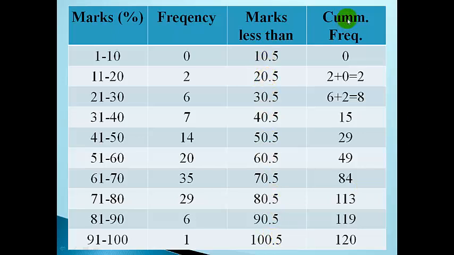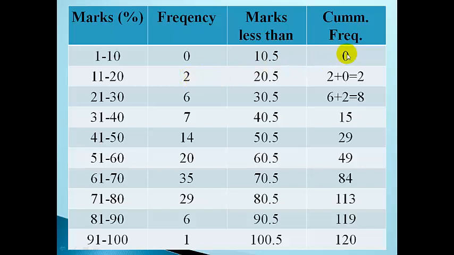Now, how do we generate the cumulative frequency? It's very important. Take note that considering the first interval 1 to 10, the frequency was 0. So starting, the cumulative frequency is also 0. Now take note, 2 plus 0, that is 2, the second frequency plus the initial cumulative frequency.